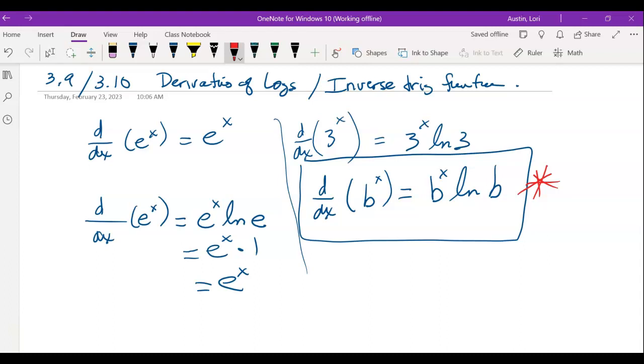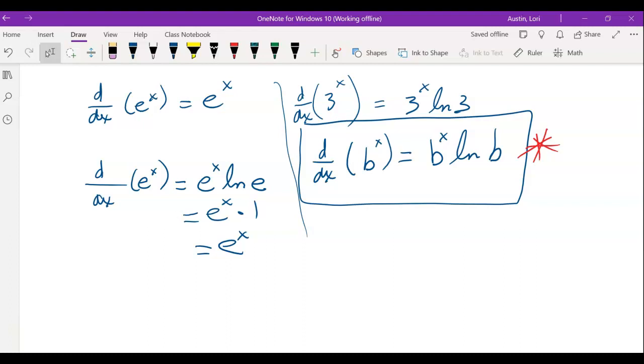The other one is, we've kind of alluded to this one. Some of you had looked it up.